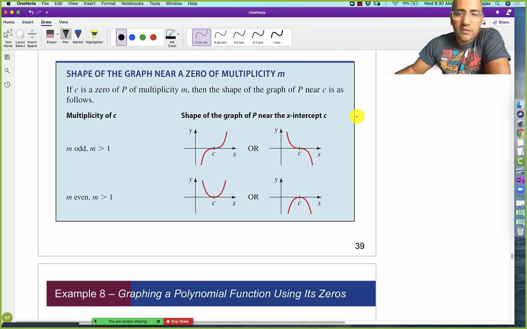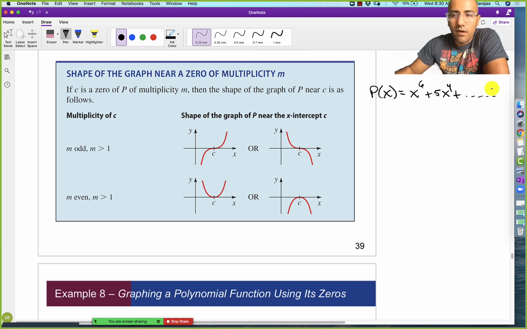So this is saying that if we're given some polynomial, p of x equals some big ugly thing, x to the 6th power, 5x to the 4th power, plus some ugly thing. But let's say that after I factor it, the whole thing turns out to look like this: x minus 2 to the 3rd power, x plus 1 to the 2nd power, x minus 5 to the 4th power, something like that.